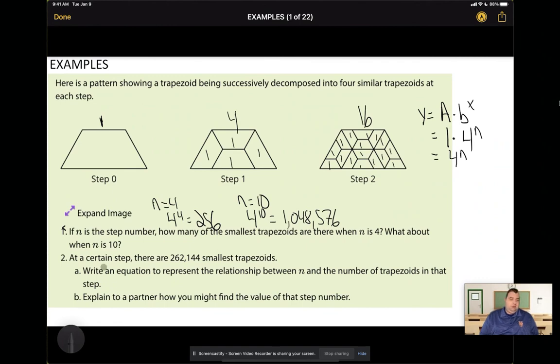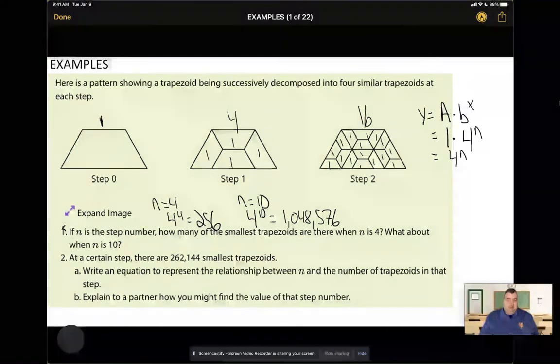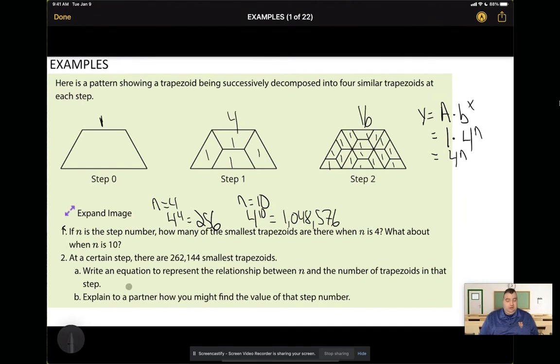Number 2: at a certain step, there are 262,144 smallest trapezoids. Write an equation to represent the relationship between n and the number of trapezoids in that step.